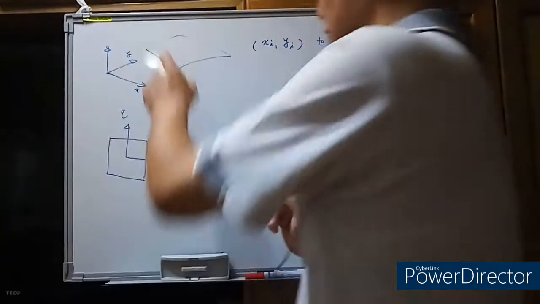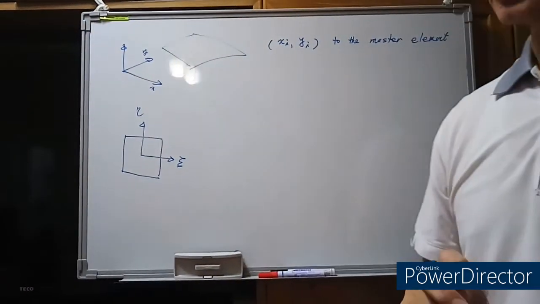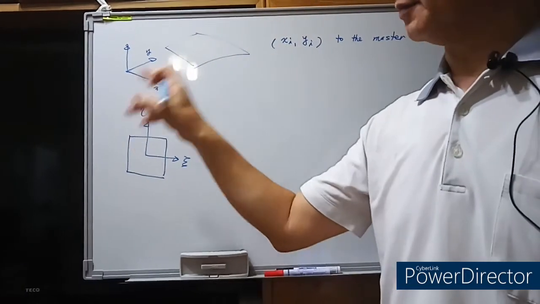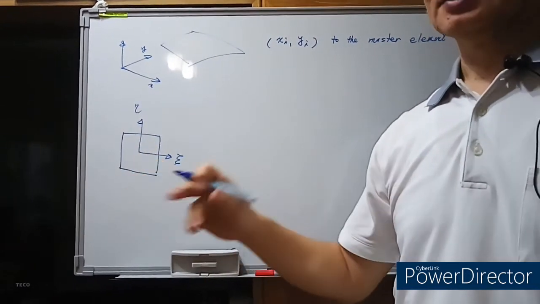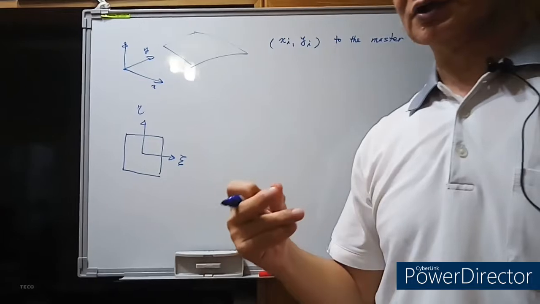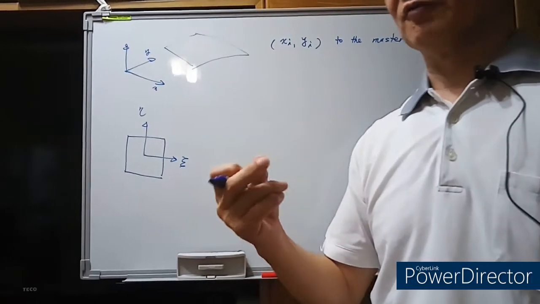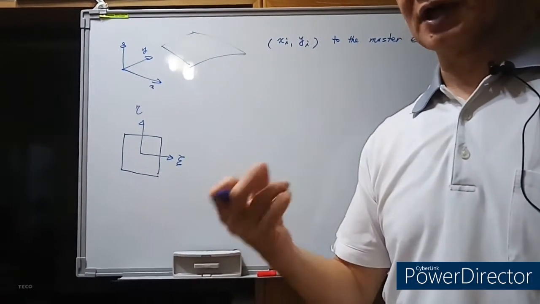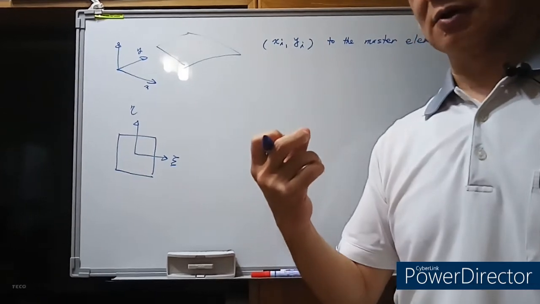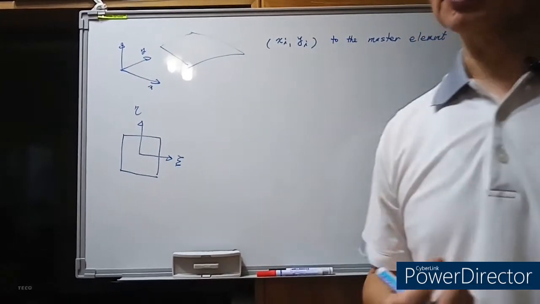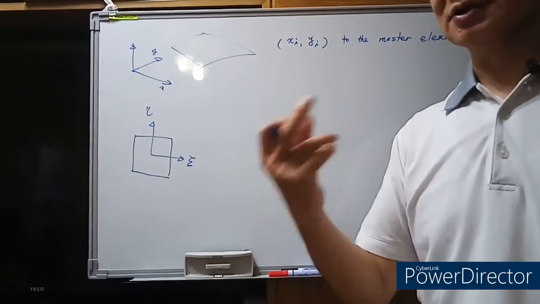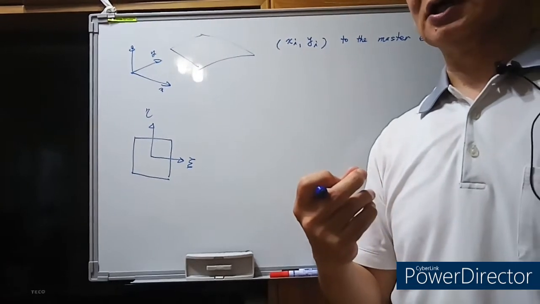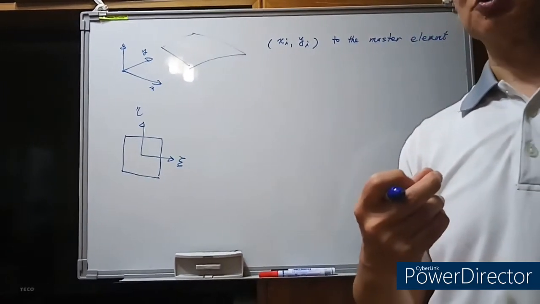First we will send the nodal coordinates of the real element to the masked element, and the number of the nodes could be changed from the 4-node element, 9-node element, or 16-node element. It is assumed that we use the Lagrange shape functions.